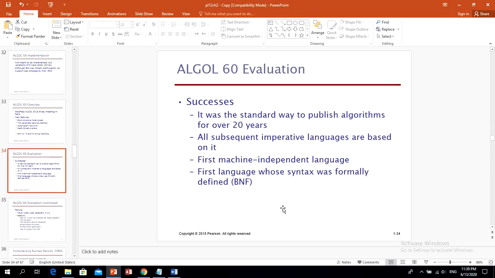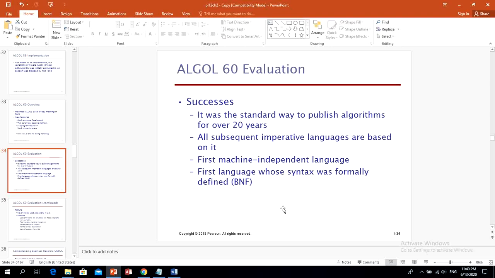The success of this language: because they made a lot of changes to it, it became the standard way to publish algorithms for over 20 years, because all subsequent imperative languages are based on ALGOL 60. So it made a lot of difference in the computer field, and it could be considered one of the first machine-independent languages.